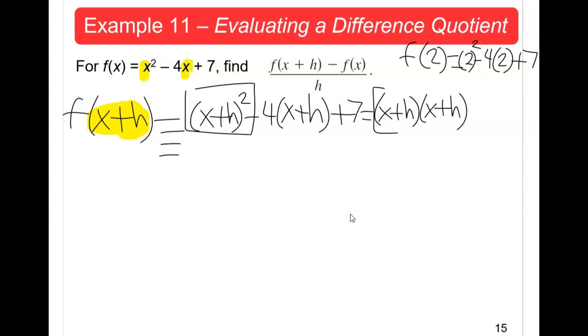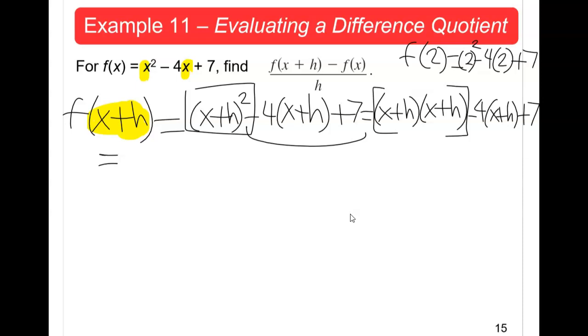And that operation is not equal to x squared plus h squared. So please don't do that. What you need to do is actually multiply the two binomials, or squaring them. So that product, well, before I forget, I'm going to write the rest here. Minus 4 times x plus h, and then plus 7.